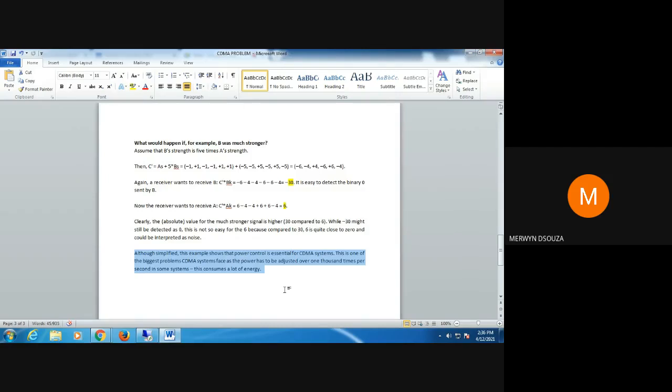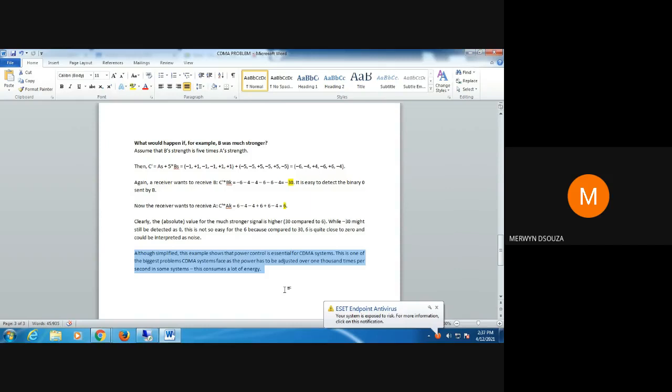If you just transmit without strengthening the signal, the signal received may be interpreted as noise. That's why in CDMA you have to use a lot of energy to transmit the data. This is one of the disadvantages of CDMA systems.